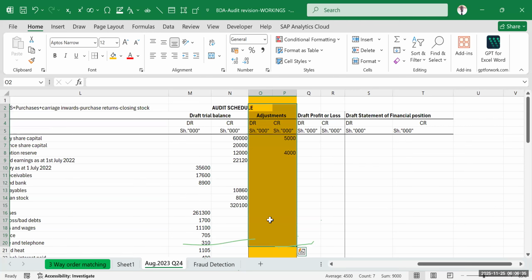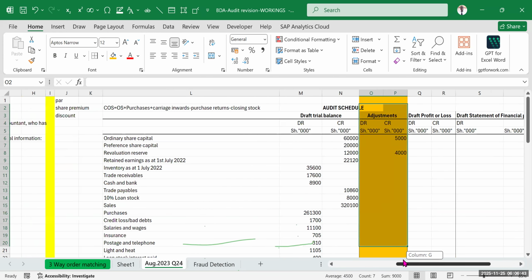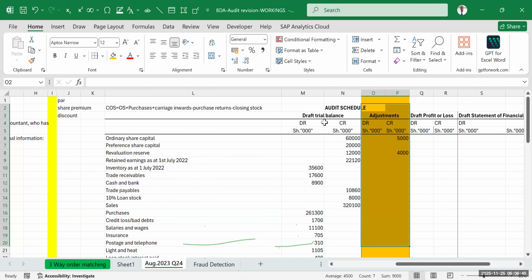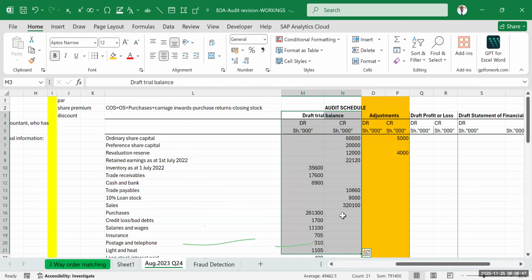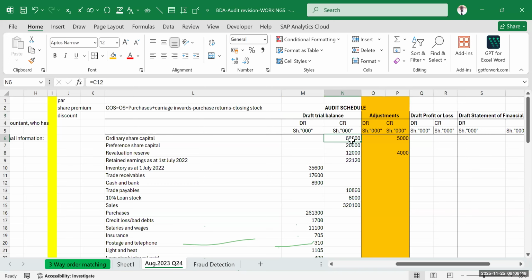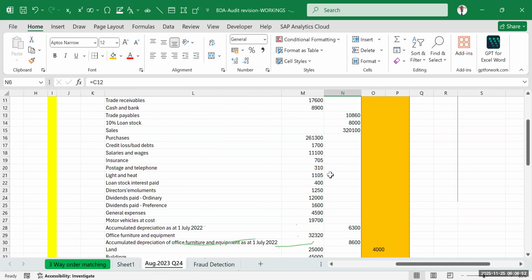What we are doing is a posting. Remember, adjustment is affecting an original account. The original account was given in the draft trial balance. You cannot adjust an account with no balance, and you cannot get an account of closing inventory having an opening balance that needs to be adjusted.